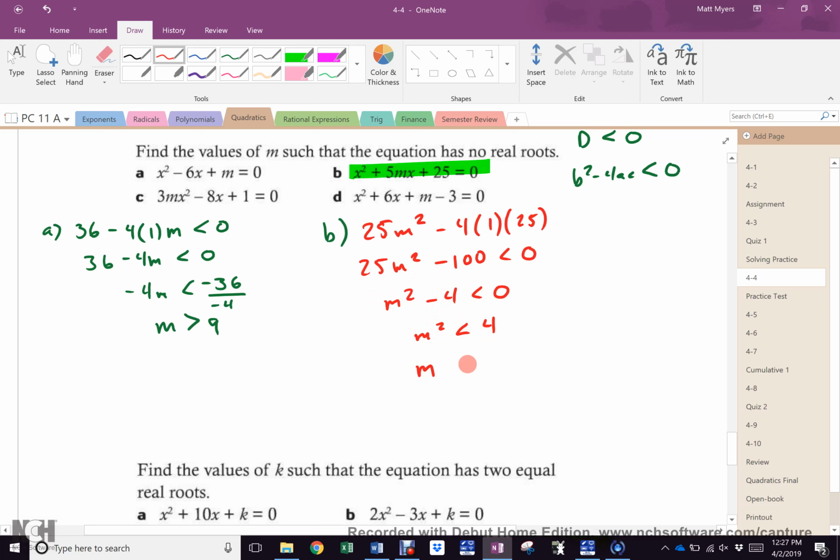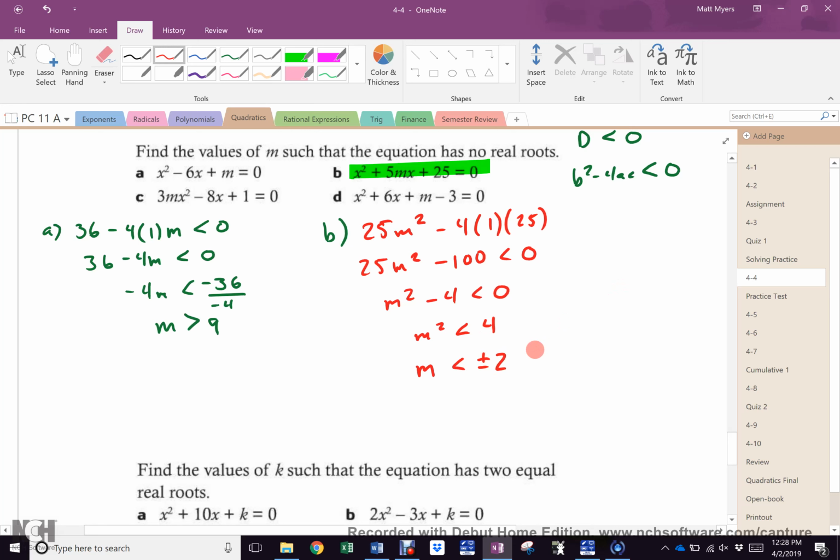So m squared has to be less than 4, right? So m less than plus or minus 2. Now that's weird, right? Because if I'm less than positive 2, negative 2 hits that, doesn't it? So this is where I have to think about what's actually happening here.